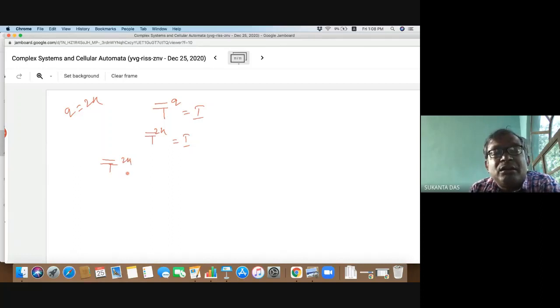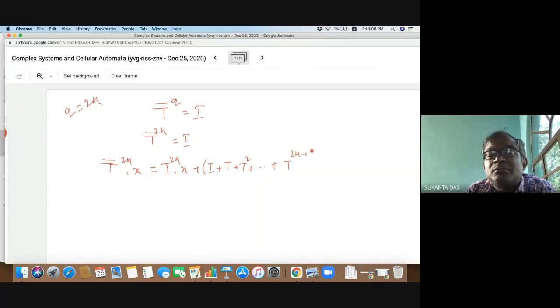Here, T to the power 2k into x, for any configuration x. Let me expand it. So T to the power 2k into x, where plus means XOR here, is I plus T plus T square plus up to T to the power 2k minus 1 into f, that I get from the definition.